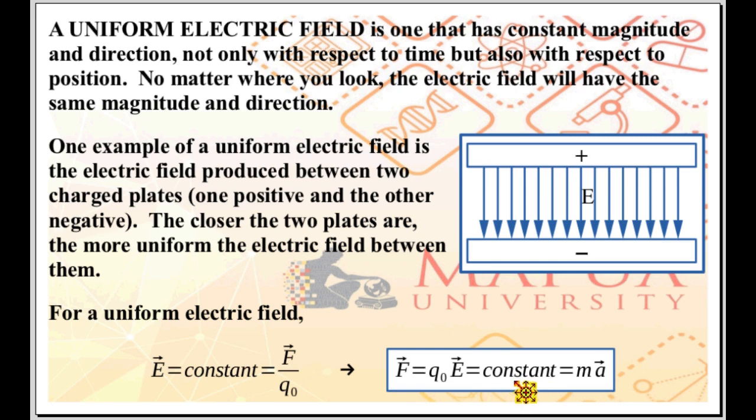And since the force is constant, we can use the equation from the second law of motion, special case, F is equal to ma. Force applied by a uniform electric field.